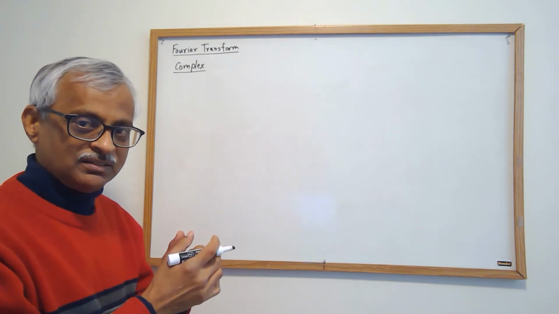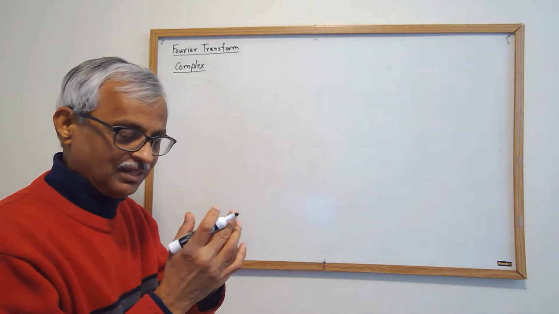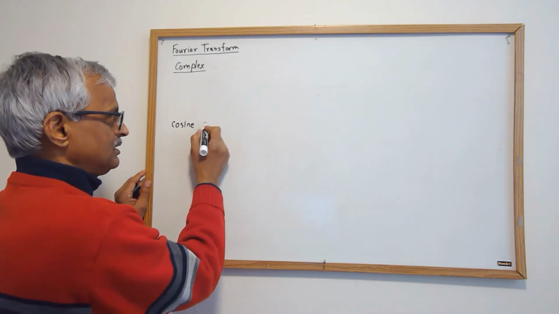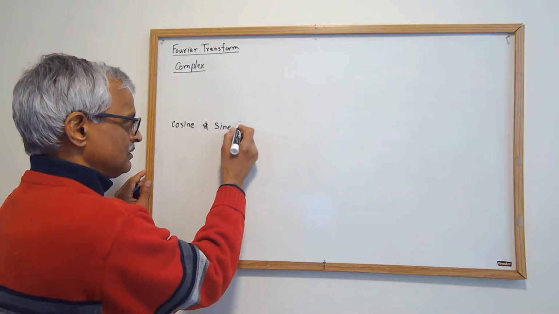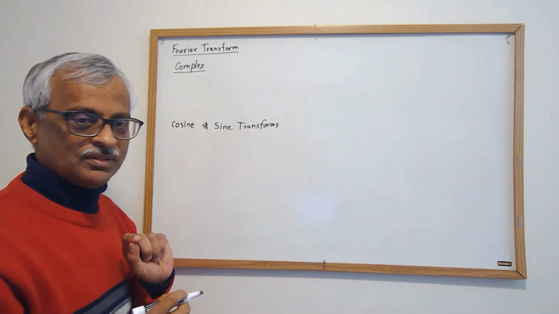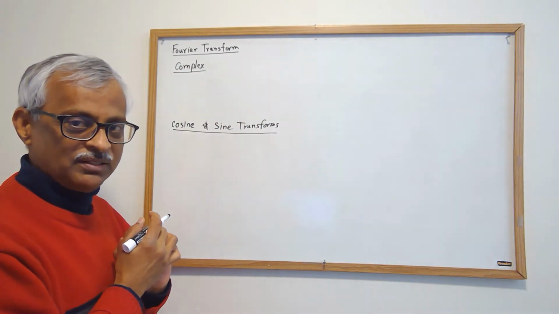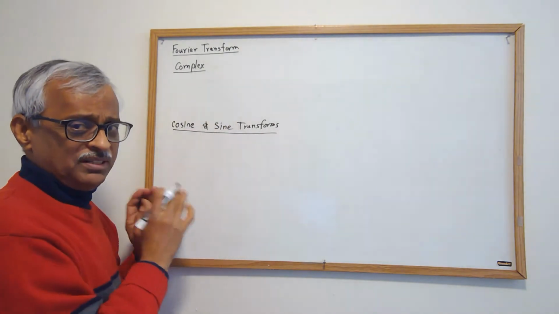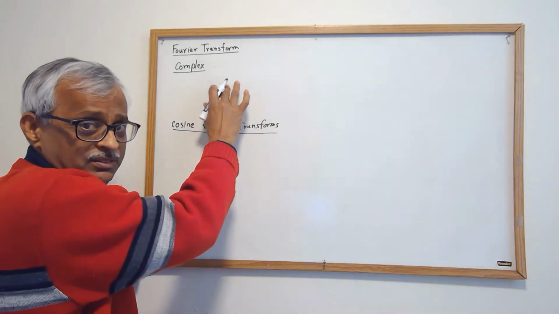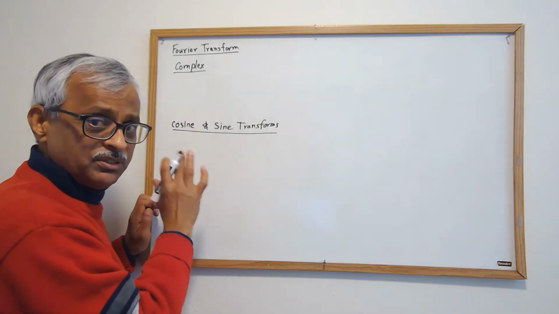Or you can do real, and when you do real, you get two transforms, one for the cosine, one for the sine. So there are two different ways to think about it. Over here it looks very simple, deceptively simple, but simple nonetheless. Algebra and everything is much simpler here, but we'll do both in the example. You'll see.